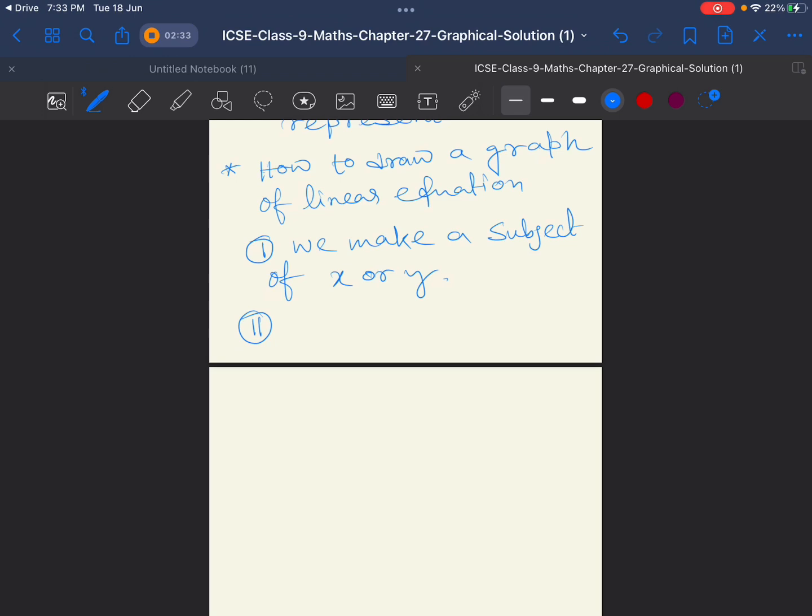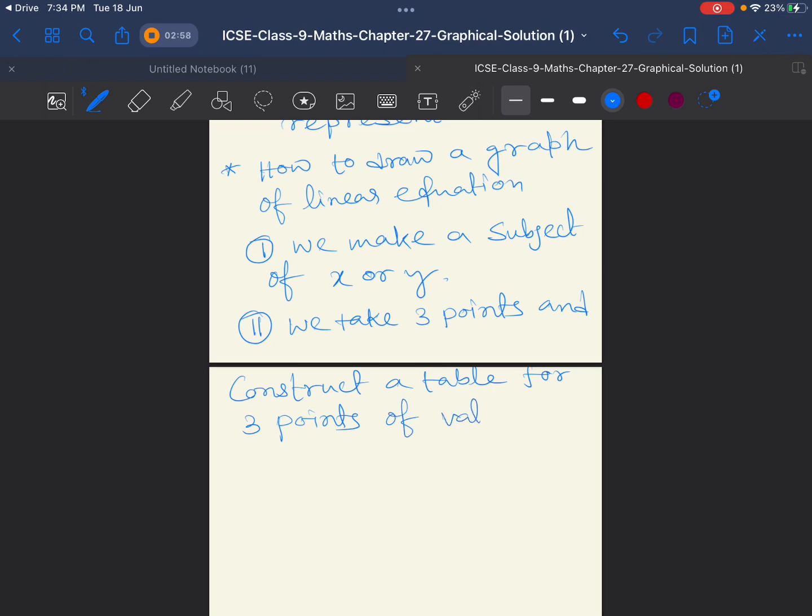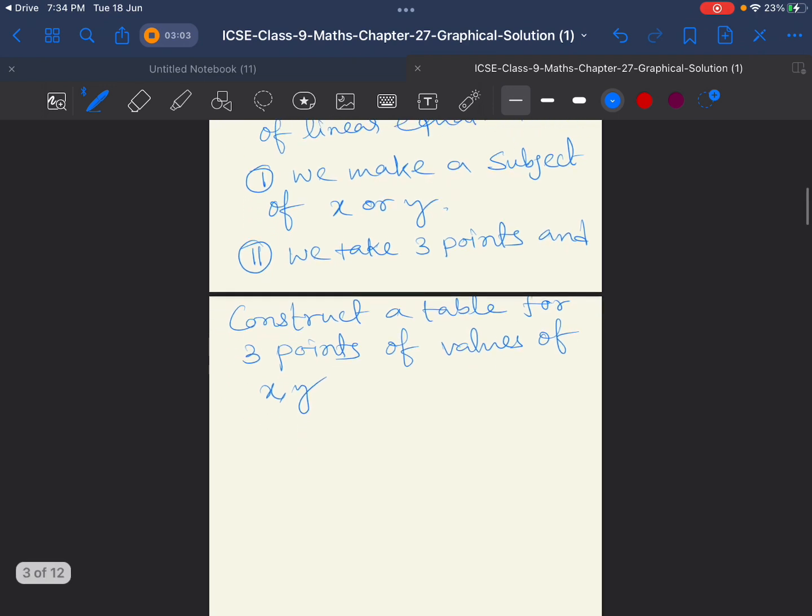Then the second step is we take 3 points and construct a table for these 3 points of values of x and y.